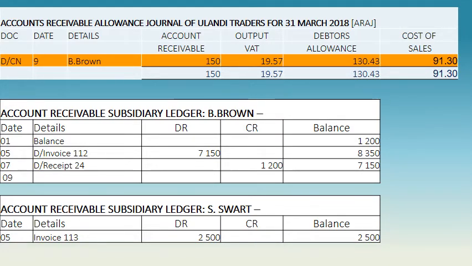On the 9th, reflect the credit note for goods returned, credit note number 005. The amount of the returns on the credit side, 150. Calculate the new balance and show it under the balance column as 7,000.